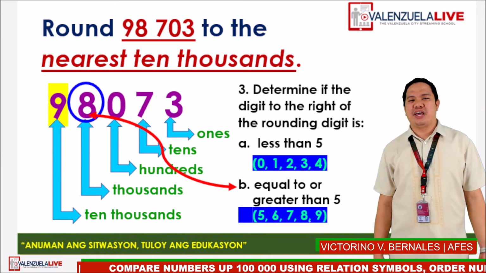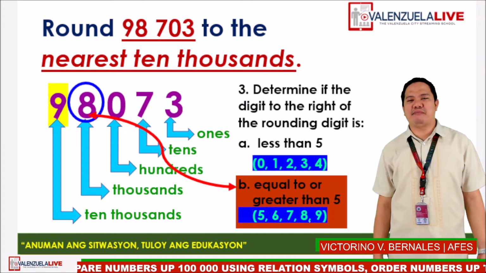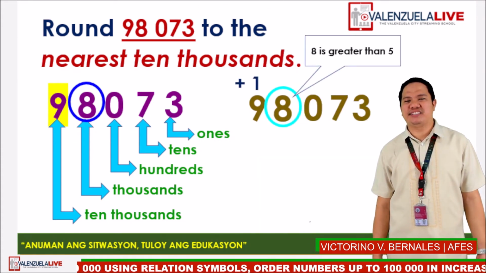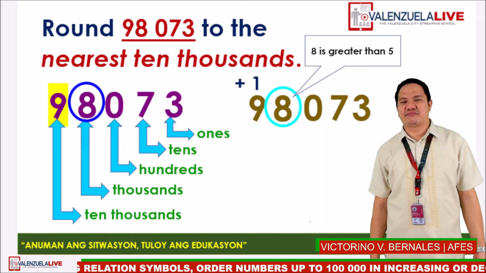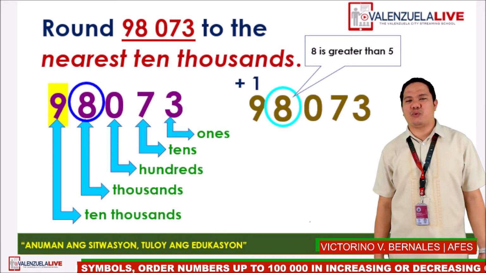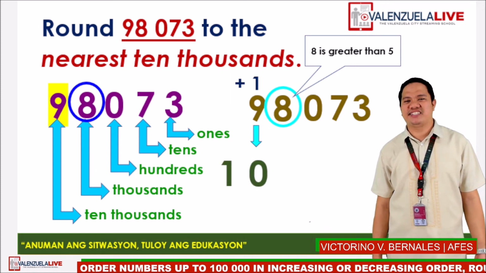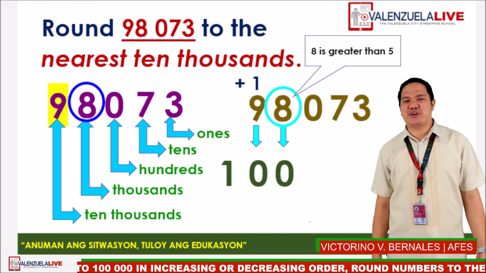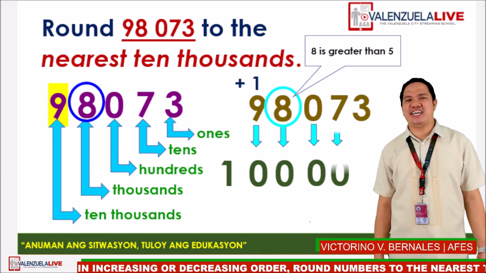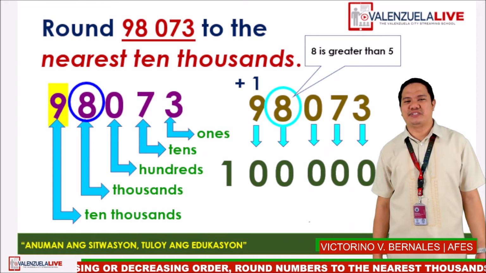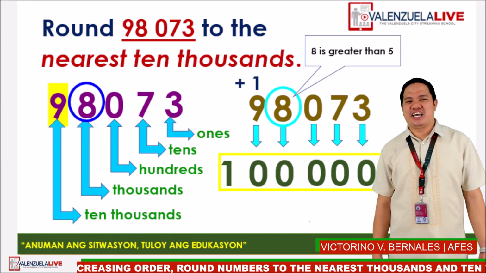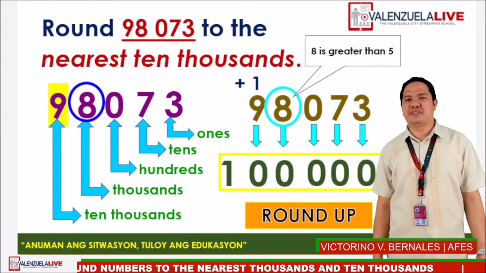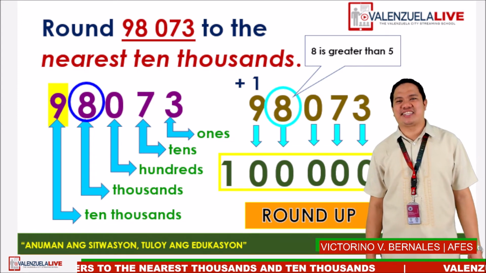Therefore, if 8 is greater than 5, then we have to add 1 to our rounding digit, which becomes 10. Then we have to replace all the digits by 0. Thus, 98,073 is rounded up to 100,000.